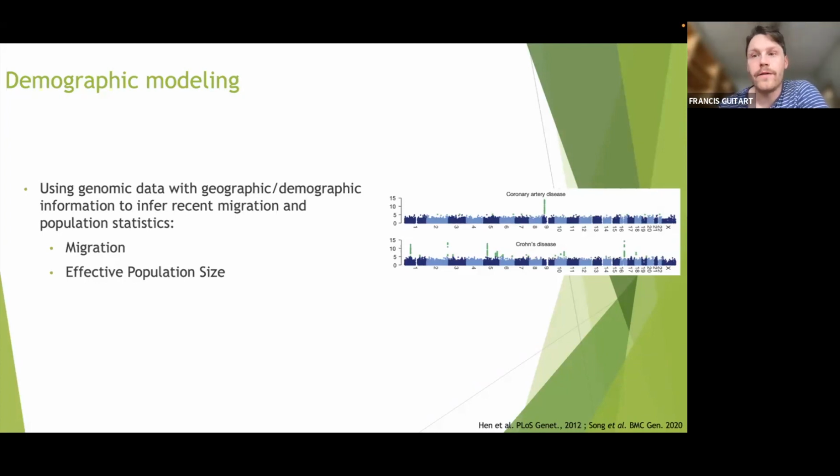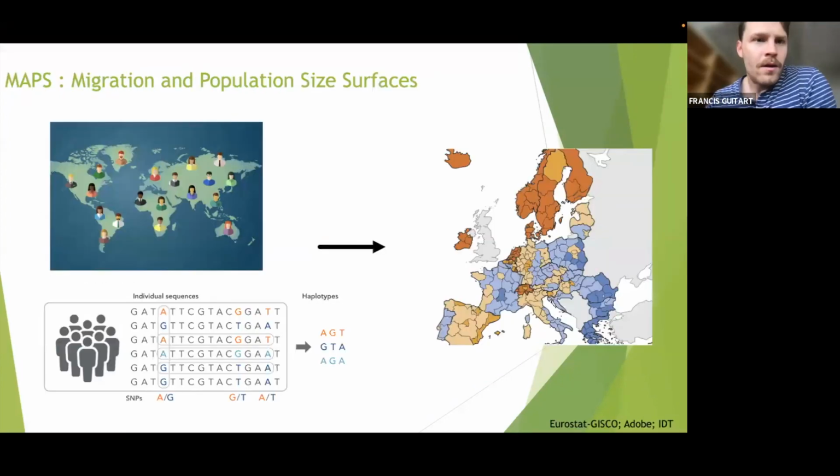And that's because we can find associations that seem to cause certain diseases when they can actually be explained by drift. And that's something that needs to be tested for with strong demographic modeling. So the tool I'm talking about today is called MAPS, which stands for Migration and Population Size Surfaces.